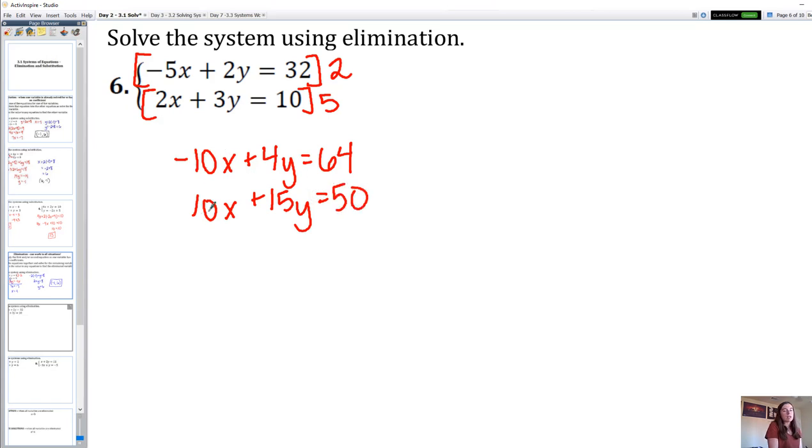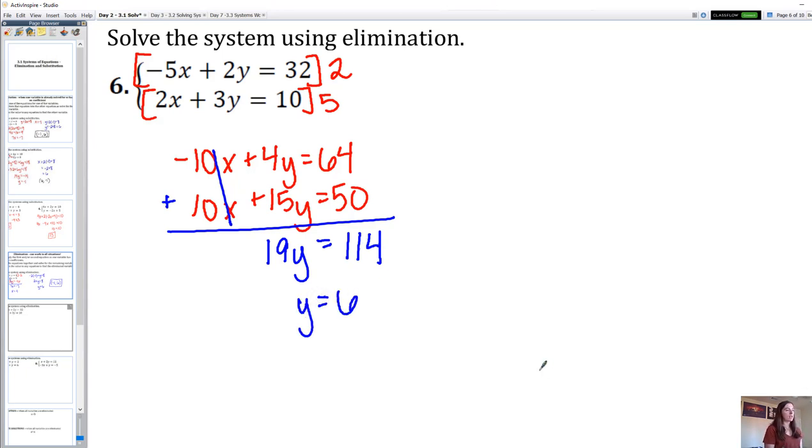So I had a negative 10 and a positive 10, which is exactly what I wanted. Now I can add my two equations together and eliminate that x so that I only have y, and it's a lot easier to solve. So 4y plus 15y is 19y, equal to 114, and 114 divided by 19 is 6, so the y value is 6.